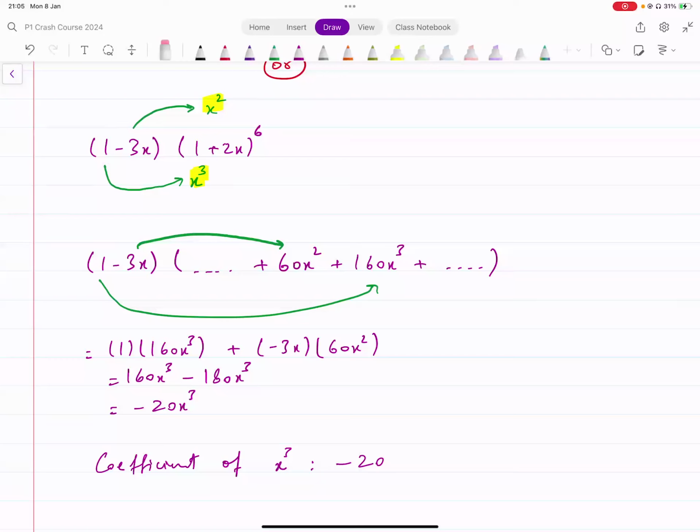Any problem with this? Any questions, anyone? No?